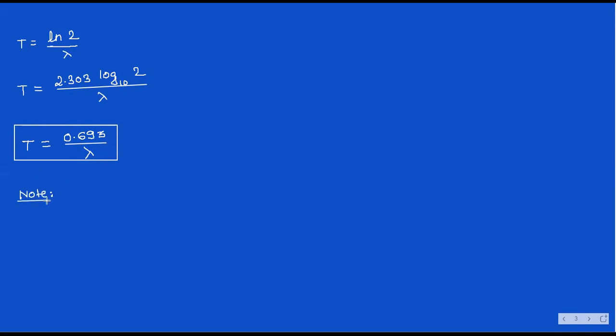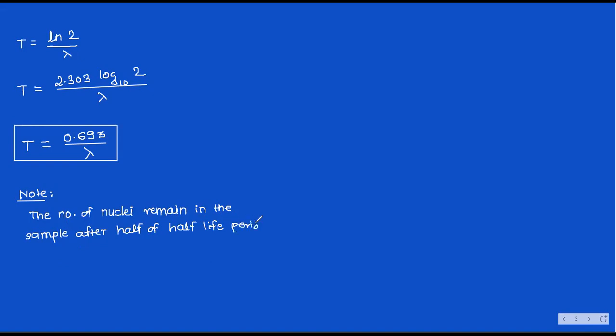Note point: the number of nuclei remaining in the sample after n half-lives, or half-life periods, is N by N naught is equal to 1 by 2 whole power n.